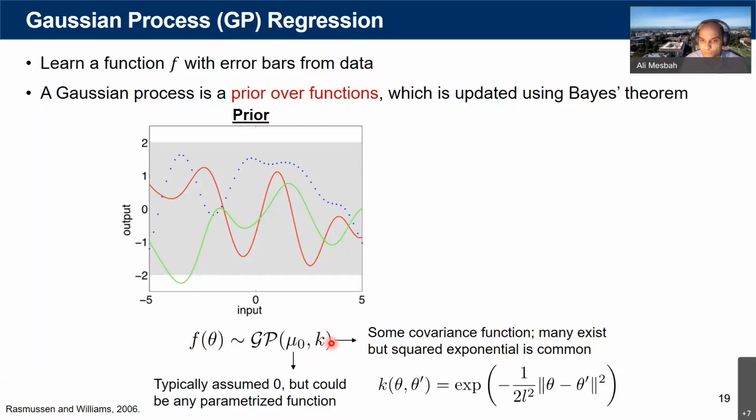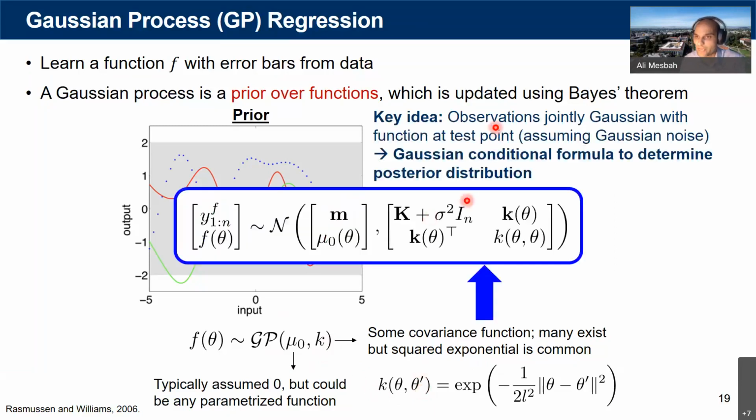One of the most commonly used ones is the squared exponential function, and it is really meant to quantify the correlations among the inputs. So what is the key idea in GP? The key idea is your observations are basically jointly Gaussian with respect to the functions evaluated at the test points, right?